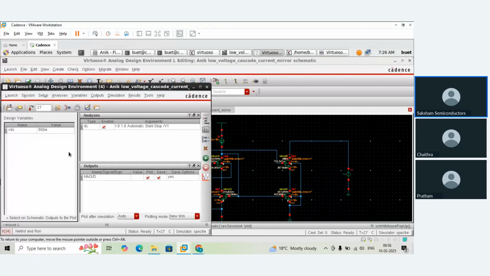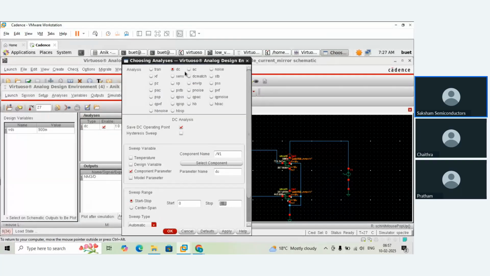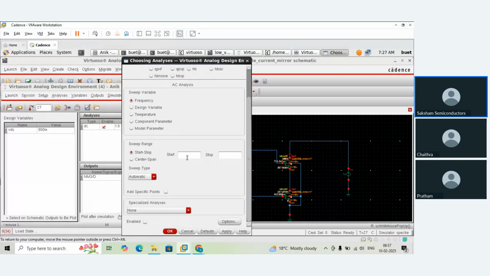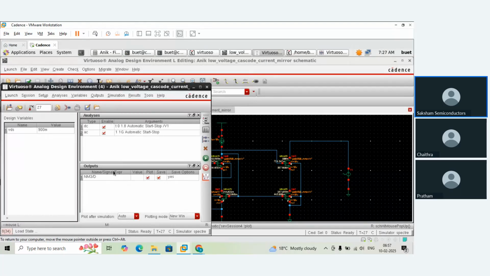So let's get into AC analysis and figure out what output resistance it is going to give me. I'll disable the DC.